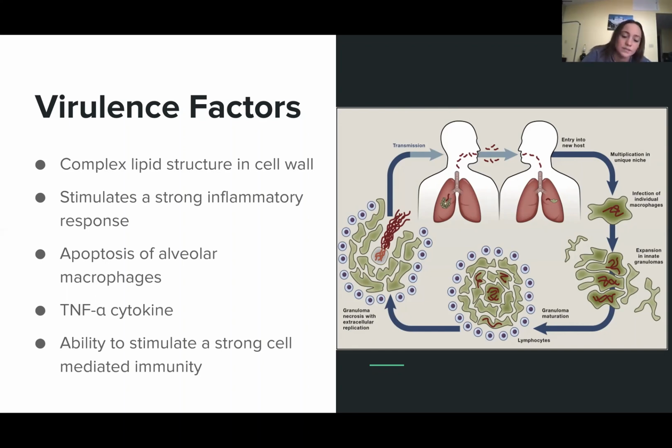Eventually, the bacilli within the macrophage become too much and they kill it, and it breaks down the granuloma, where then TB spreads and it is transmitted out of the mouth.